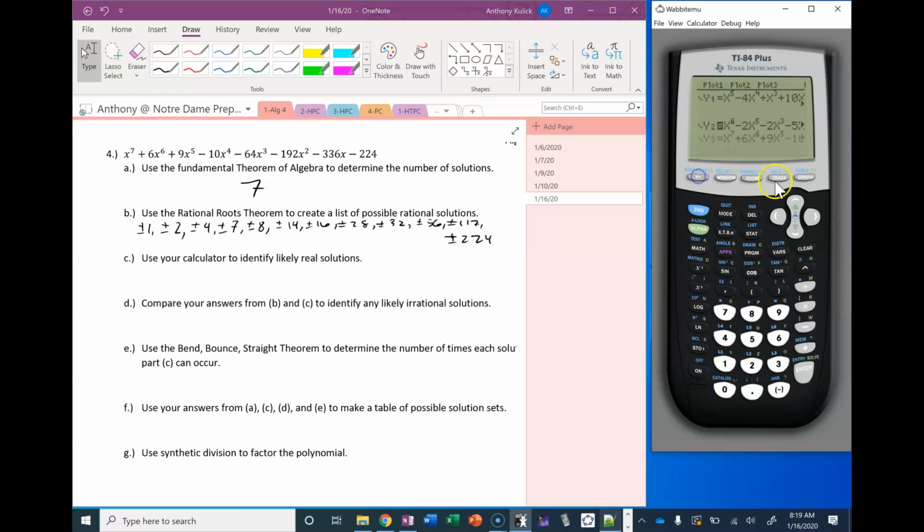So again, let's take a look at the graph here. And I'm going to start my window at negative 224 to positive 224. Now, I'm pretty sure this is not going to give me a lot of information, but I need to check just in case there's one factor that has a solution that's really big. It can happen. It doesn't in this case, but it could.